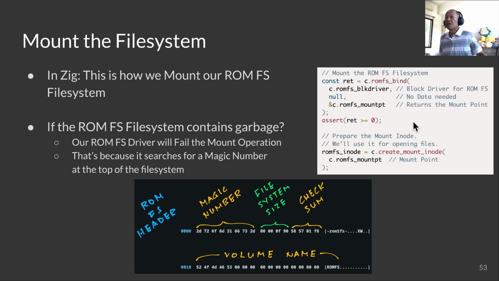In ZIG, this is how we mount our ROM-FS file system, by calling the NuttX driver. The driver integrates really well with ZIG. The file system checks from NuttX are still in place. If the ROM-FS file system contains garbage, our ROM-FS driver will fail the mount operation because it searches for a magic number at the top of the file system.